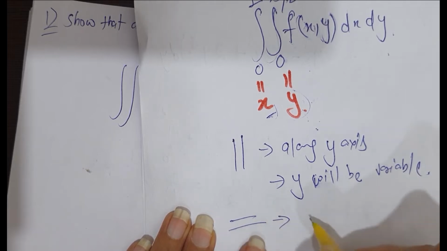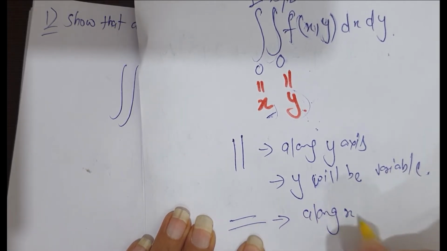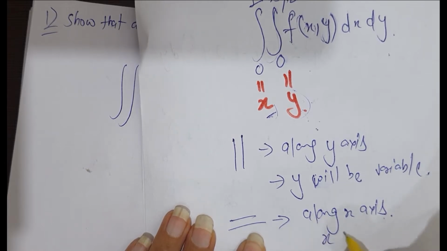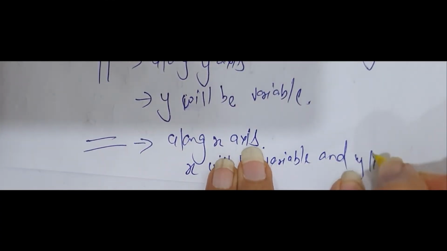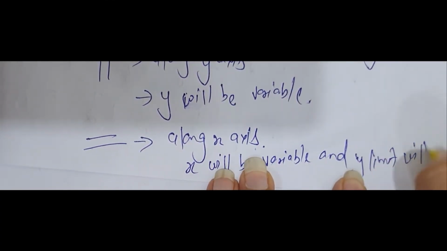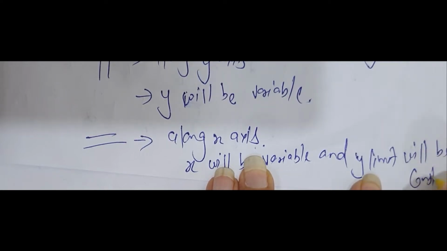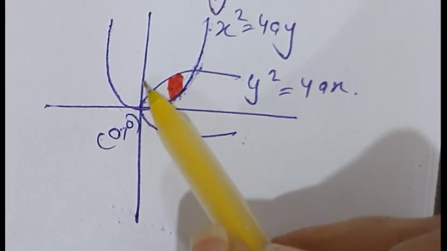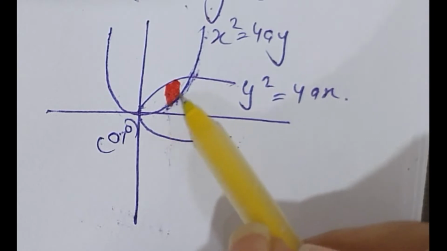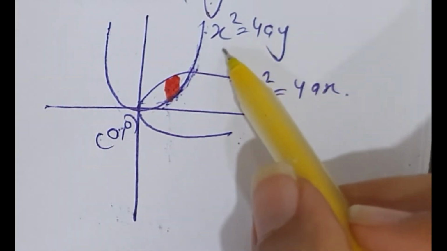If we take a horizontal strip, it means along the x-axis, then x will be variable and the y limit will be constant. Here this is a vertical strip, along the y-axis, so the y limit will be variable. So let's find it out.